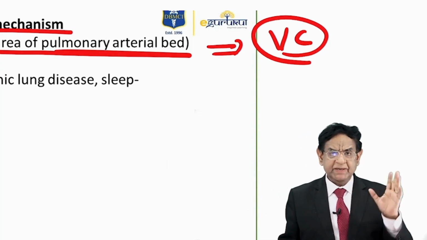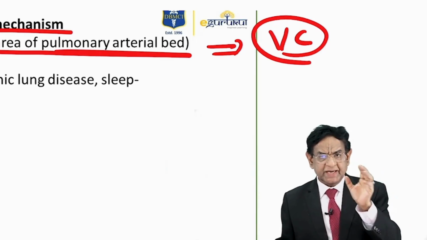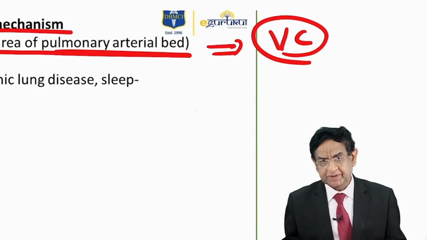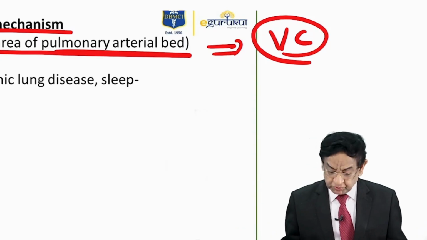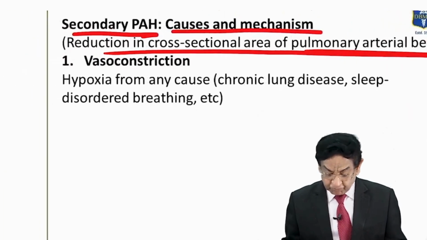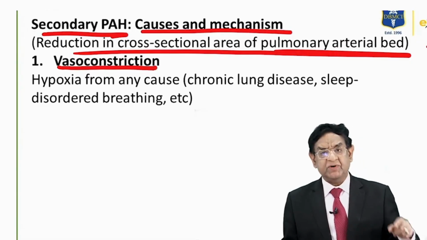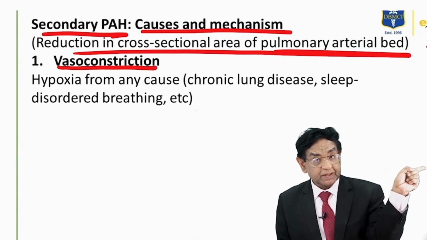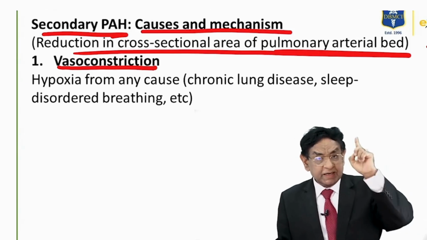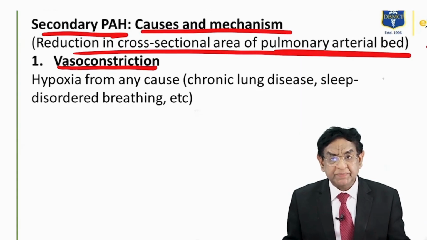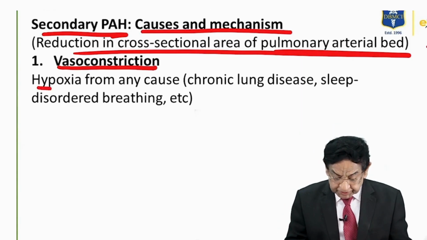Whatever the reason may be, the area is reduced, and one of the main reasons is vasoconstriction. Okay, so why and how, let's discuss in more detail. This vasoconstriction was there in primary also, but in that case it started with the BMPR defect. Now here it is due to hypoxia.